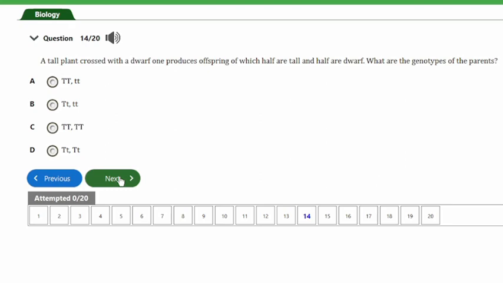So guys, we want to consider the genotype of the parents here. They said a tall plant with a dwarf one produces offspring of which half are tall and half are dwarf. What are the genotypes of the parents?